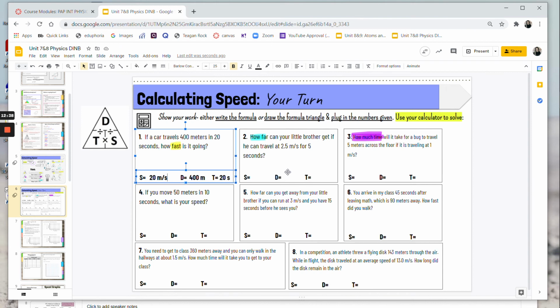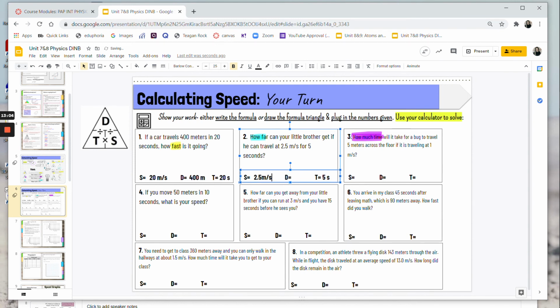Okay, how far will your little brother get if he can travel 2.5 meters per second for 5 seconds? So I know 5 seconds is a time. And 2.5 meters per second is going to be my speed.